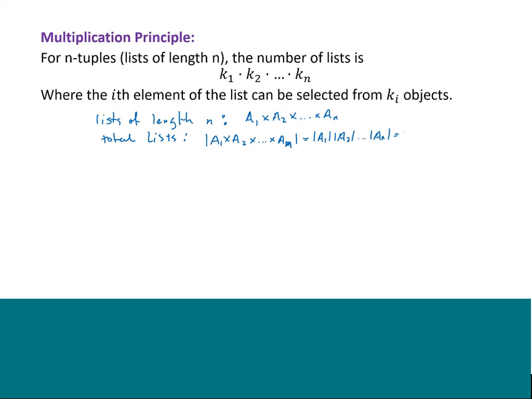And that's where each of these k's come from, because if k1 through kn is the cardinality of the individual sets, that's just a shorthand way of saying this property. Okay? So that's the official tie-in.